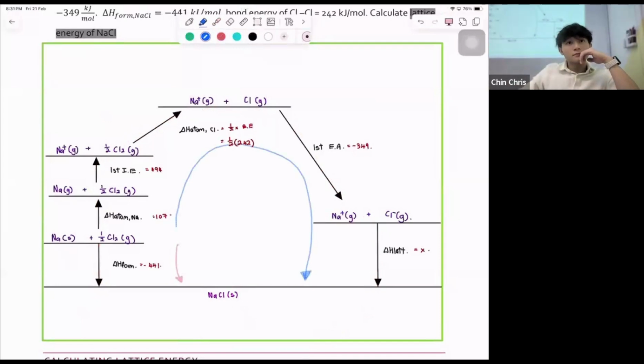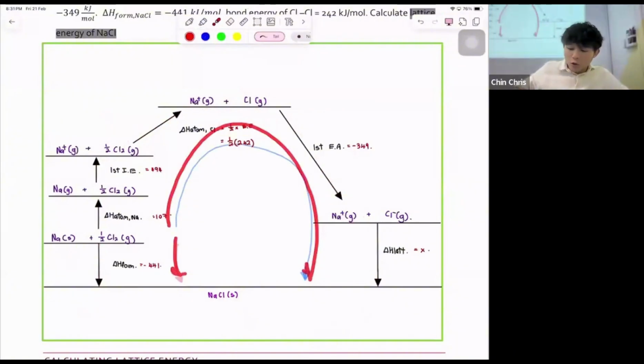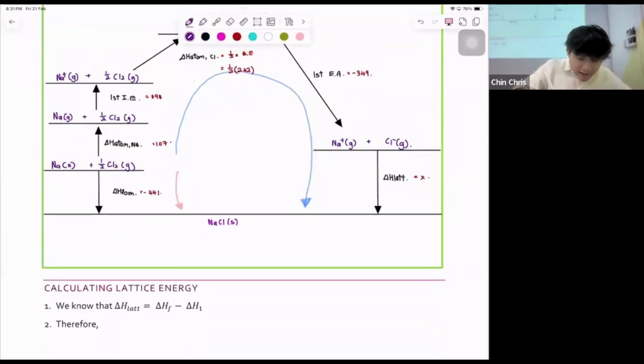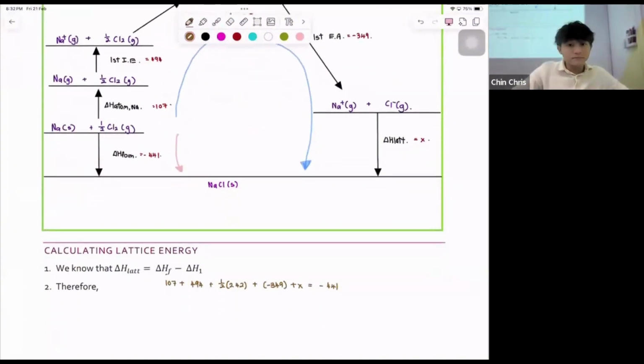Good. All right, guys. Now, can you apply clockwise equals anti-clockwise? Find out X. Go. So, guys, can I say that 107 plus 494 plus half multiplied by 242 plus negative 349 plus X equals to what? Negative 441. Guys, find out the value of X. Go, go, go.